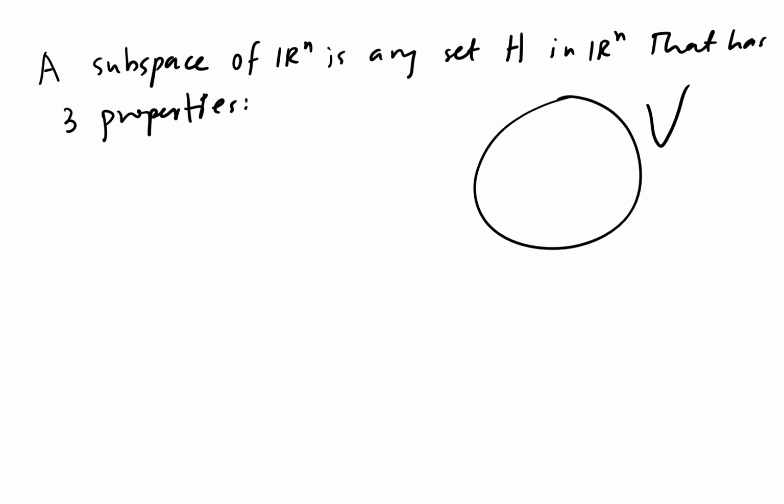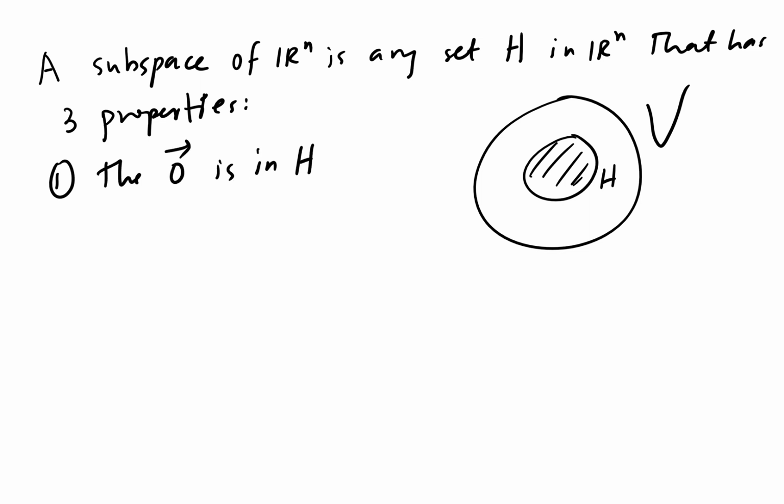This is the vector space V. This is the set H, the subspace. Three things must hold. The first one is the zero vector. So 0 is the zero vector in H. That's the first one.